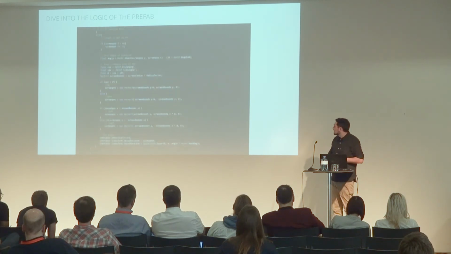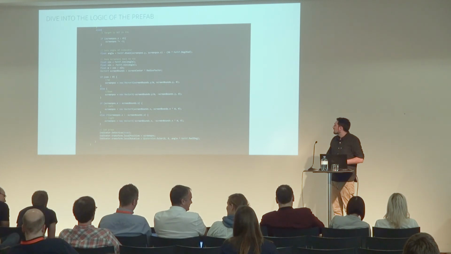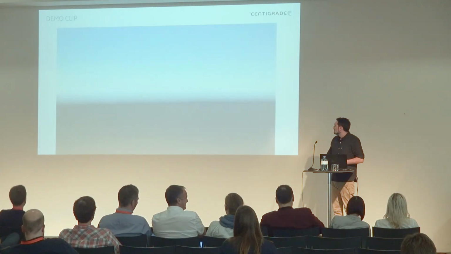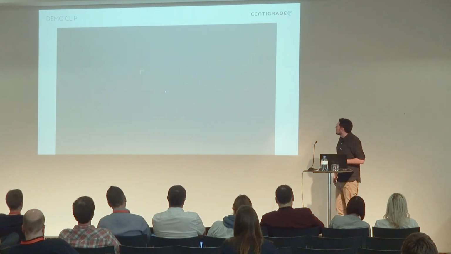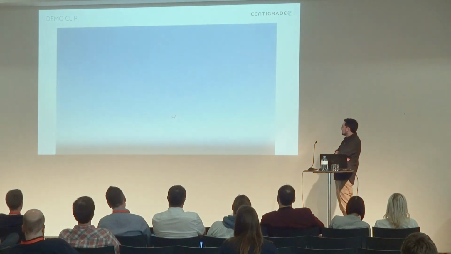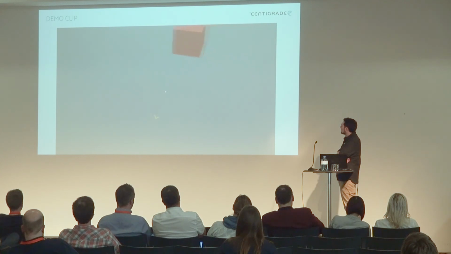So that's calculated in the script, some lines of code, and the result is this. So I hope you can see it. You can see two indicators that are always pointing to a given point of interest. They are color-coded, the indicator and the point of interest.